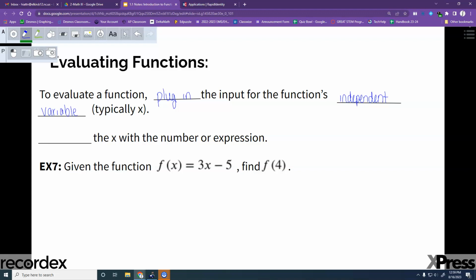And so what you're going to do here is replace the x with the number or the expression. We're going to mostly deal with numbers. We'll do a little bit with expressions.